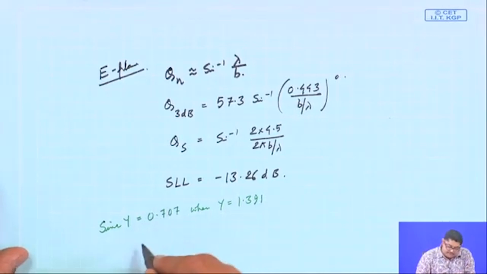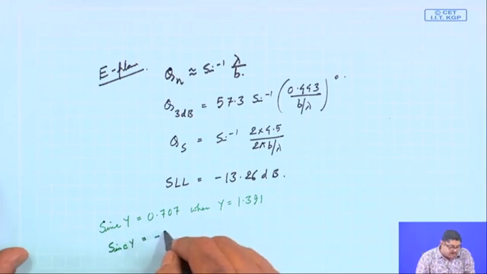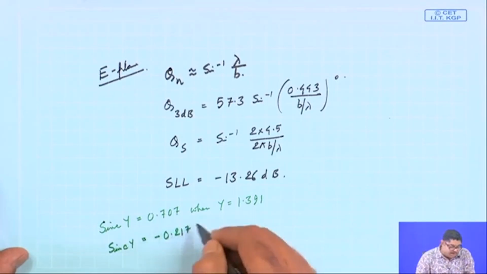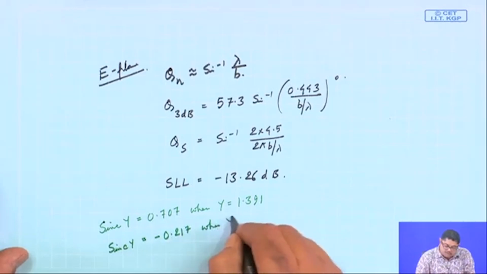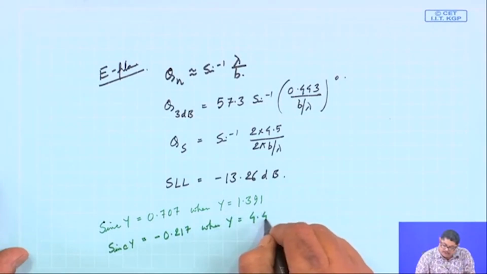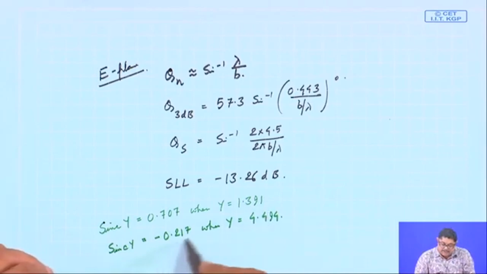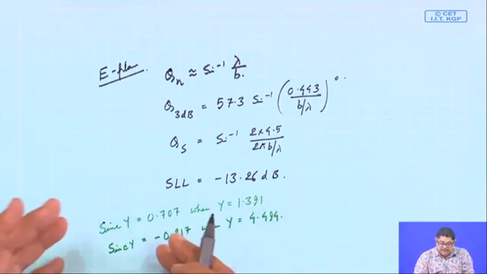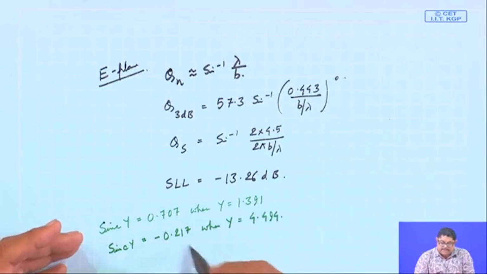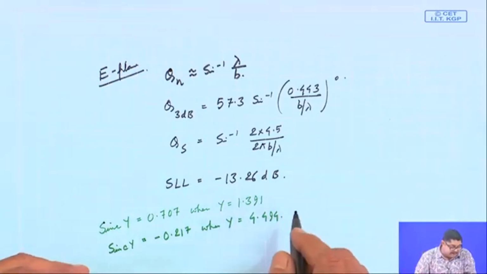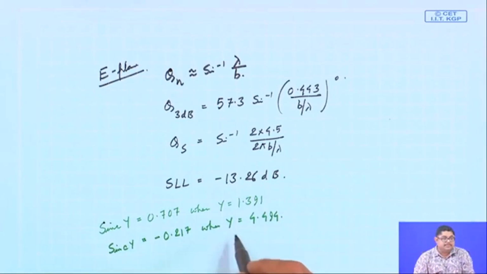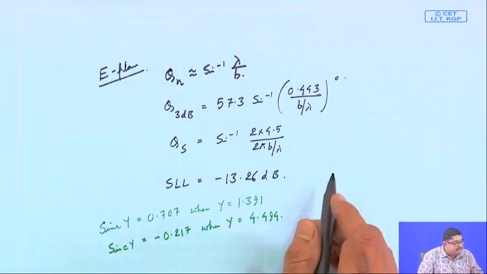Similarly, the sinc becomes minus 0.217 when y is equal to 4.494. So, these values you will require. Remember that if you take the modulus, then this becomes the second maximum. That is why this value will be required, etc.